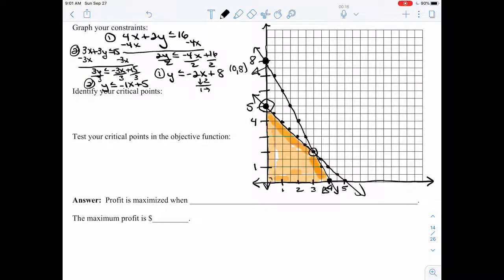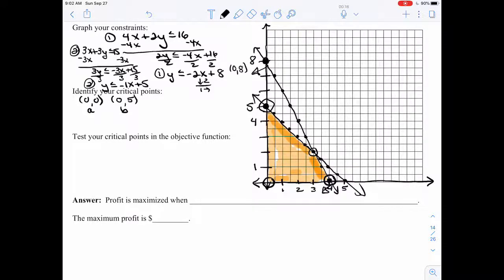Our intersection points are circled. What are our intersection points? Well, I'm going to start with the first one, which is 0, 0. I'm going to call that A. For B, it's 0, 5. Be careful that you do not write 5, 0.